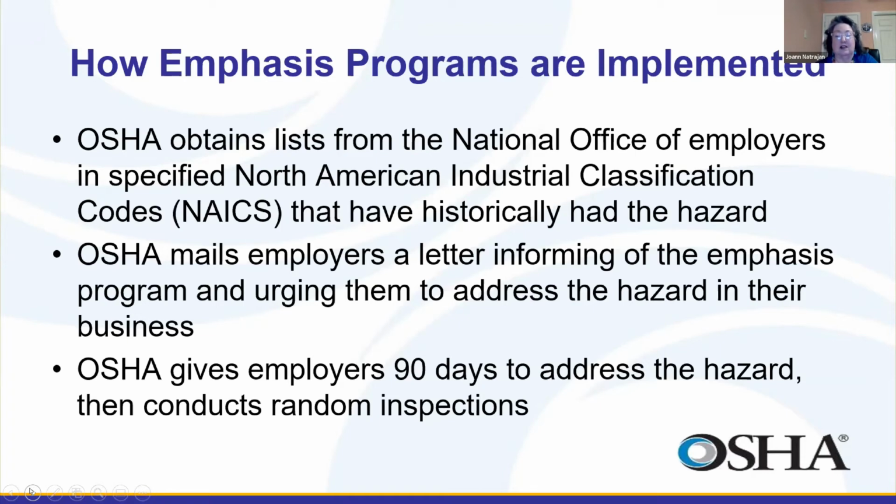So we send people a letter, and then we give employers 90 days to address the hazard, look at their workplace, and hopefully correct the hazard if they have it. And then after 90 days, we start conducting random inspections. So we get this list, it's actually randomized from the national office, and they start spot checking people on the list to make sure that they don't have the hazard, they've controlled the hazard.